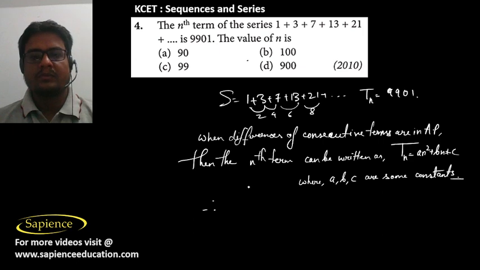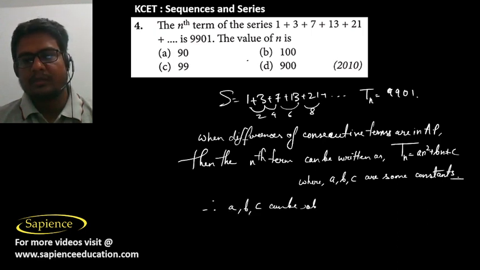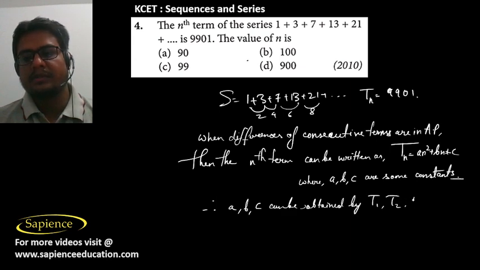So now therefore here we can find A, B and C. A, B and C can be obtained by using T1, the first term, second term and the third term.